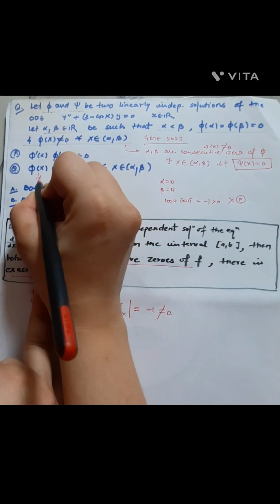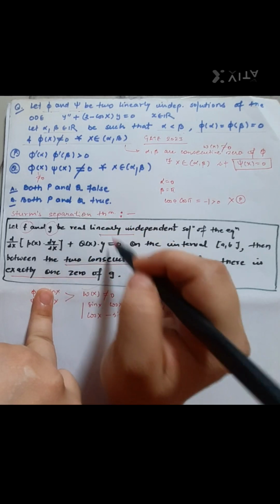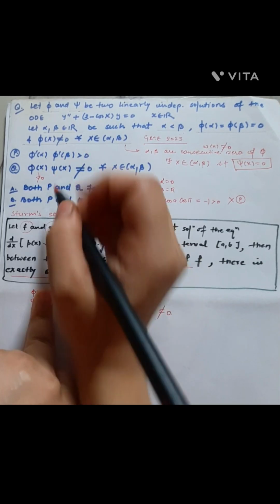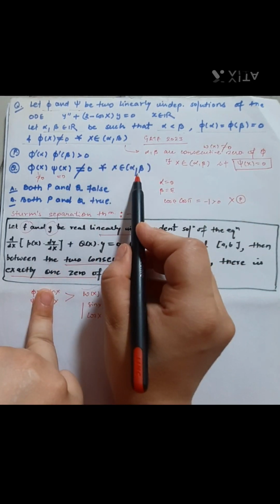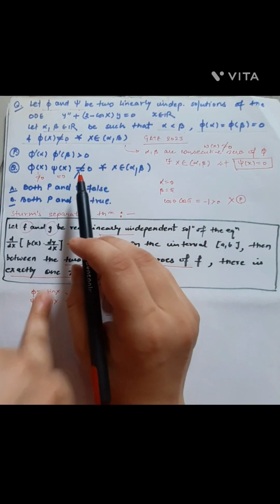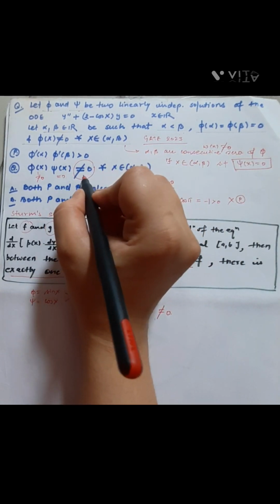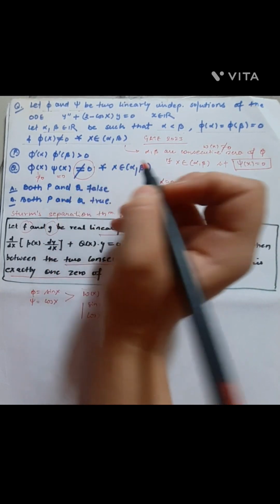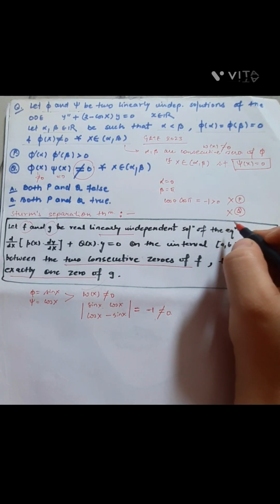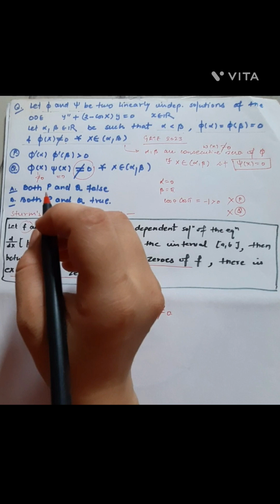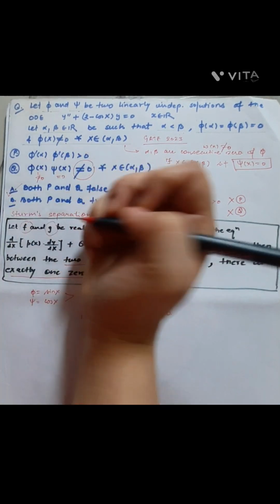So this is non-zero, and according to this theorem psi of x equals 0 in this interval. So this should be 0, but it is given that it is non-zero. So according to this, the Q statement is also false. So our answer is both P and Q are false.